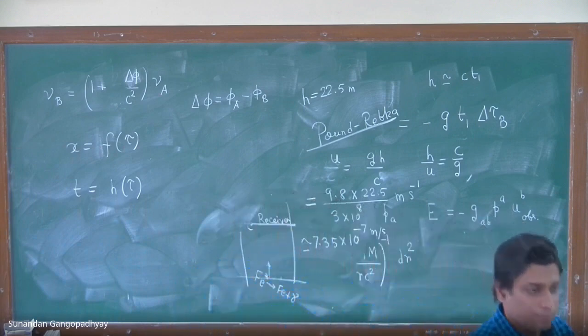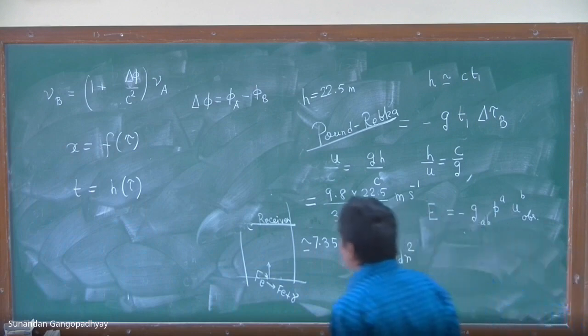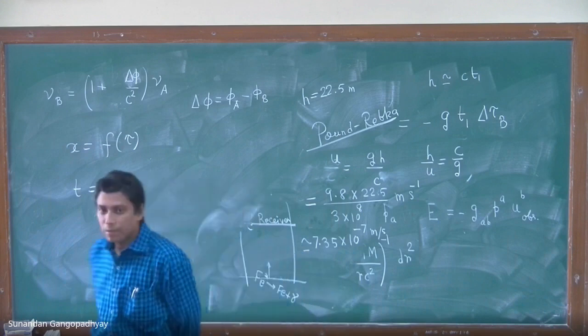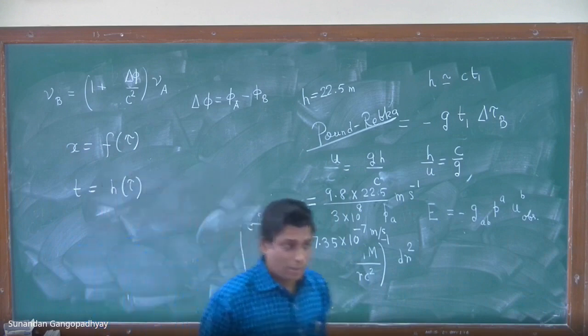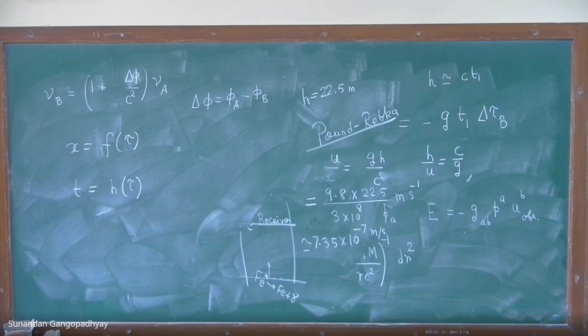What will be f of tau? It must be only a function of tau. Cos hyperbolic? I am talking about flat space. What do you think f of tau will be?